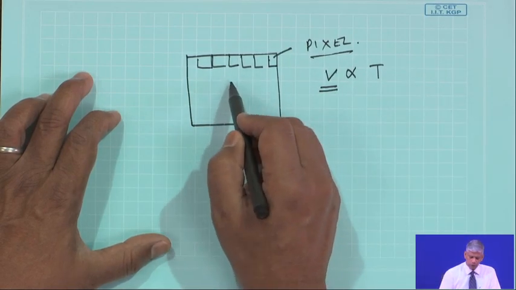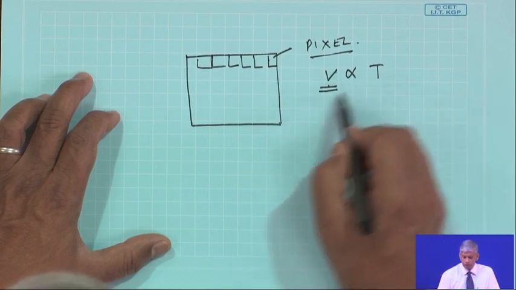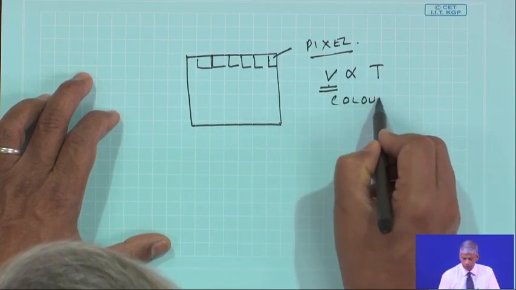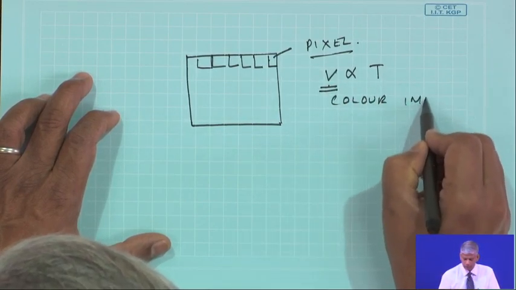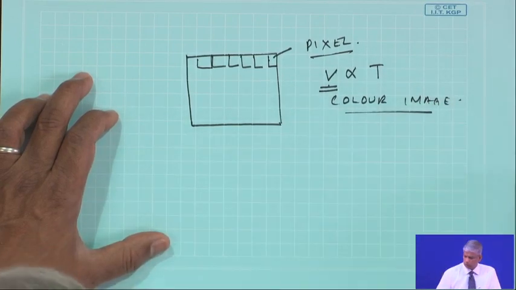So, if the body is hot, you will have a different voltage, and then you can color image them. It is only because of these particular semiconductor devices.